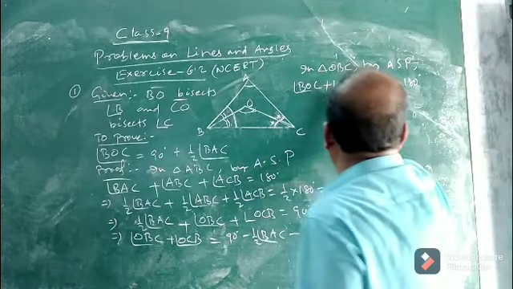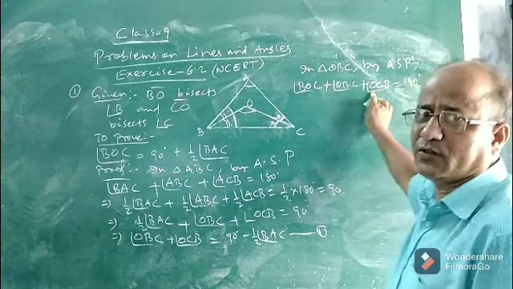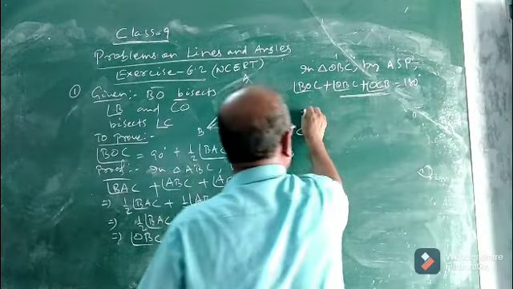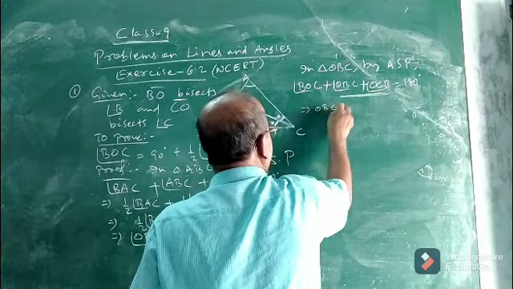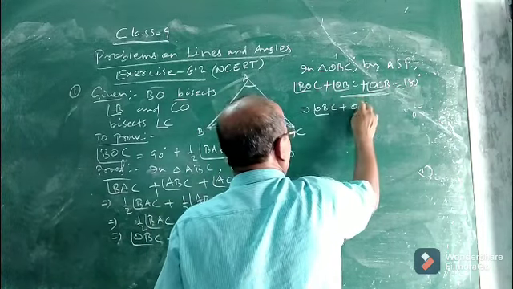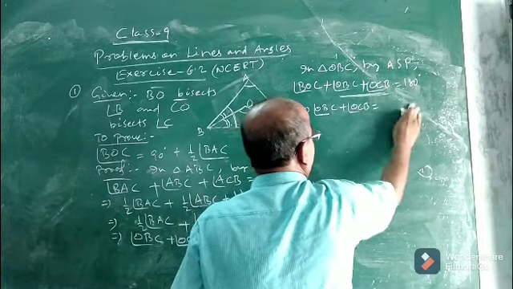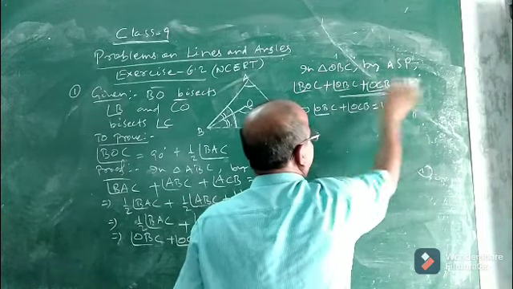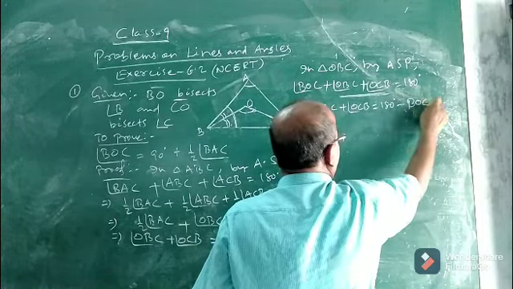So angle OBC plus angle OCB will be equal to 180 degree minus BOC. Take this angle to the right hand side.